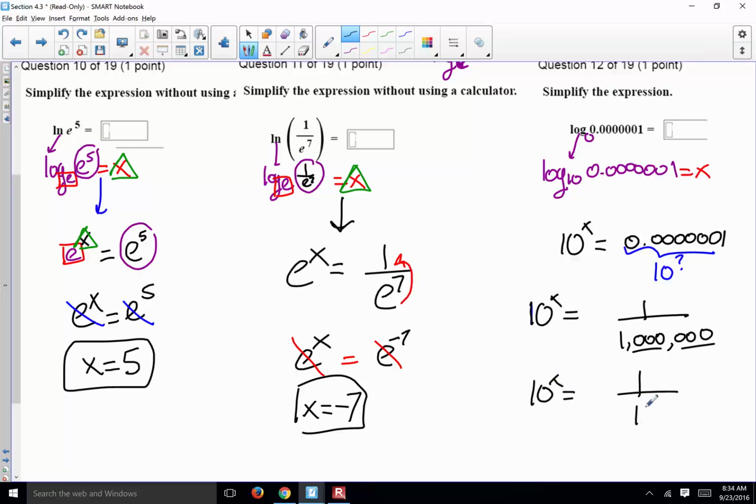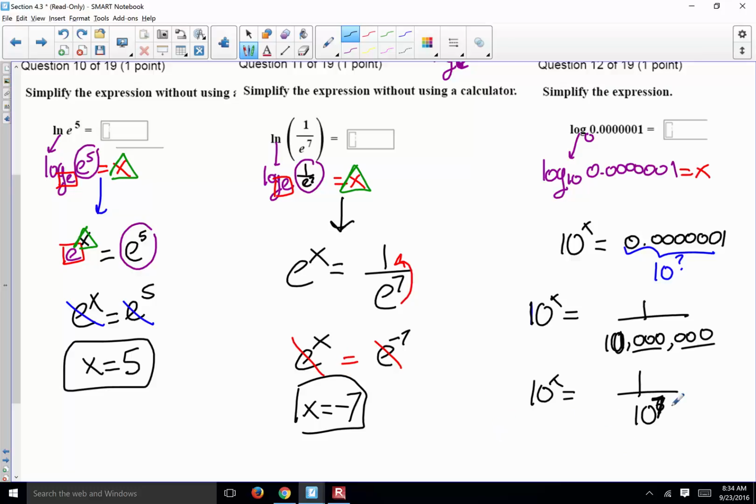It's 1 over 10 to the 6. This is 10 million, correct? Should be 10 million. So this has 7 zeros. It's 10 to the 7. Just multiply 7 times, you will see it's 10 million.